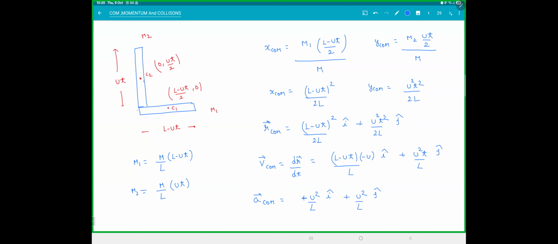Clear with this? Just keep differentiating this. So the main thing is to realize even the mass is changing on the floor and the wall. Any doubts on this?